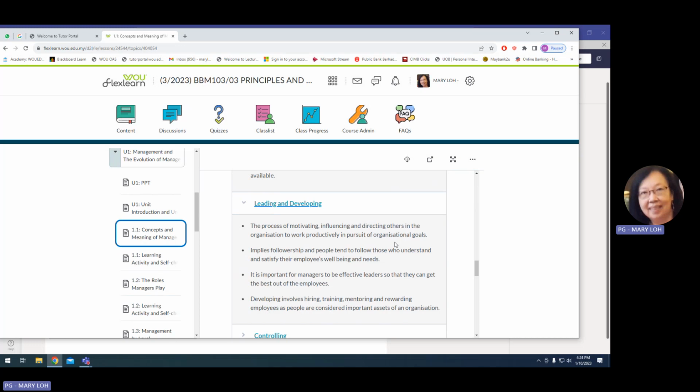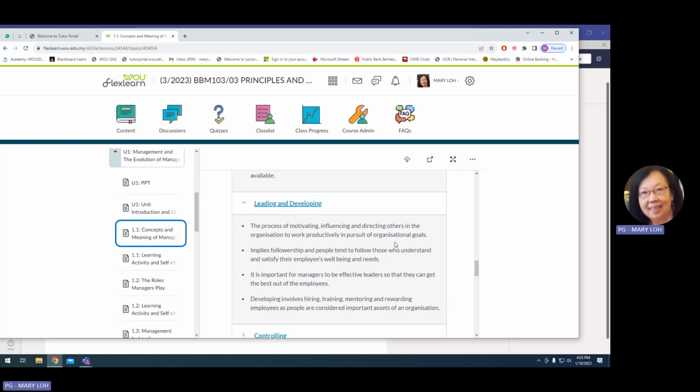In that case, your role as a manager is to motivate them, to encourage them, to try to influence them, to put in more effort, to be more interested in the job, or to make the job a little bit more interesting through what we call job enrichment, job enlargement. So all this is part of motivation. And you as a manager will be leading them in this way. So this is one of the many functions of management.